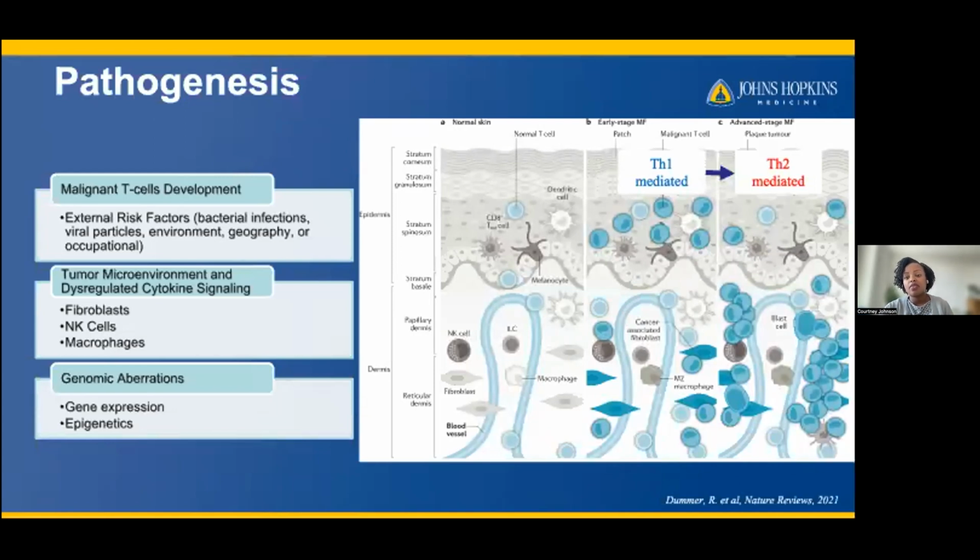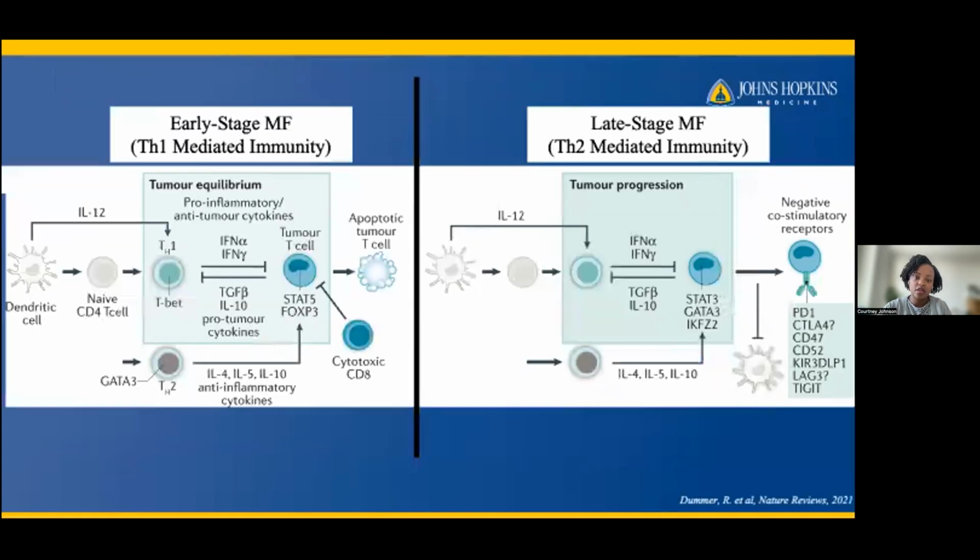There's some thought that there are complex interactions through the fibroblasts, the keratinocytes, the macrophages, and the malignant T cells, all kind of playing together to change the actual immune system, immune response. And we also are starting to realize that there is a role for gene expression and genetics in this disease as well.